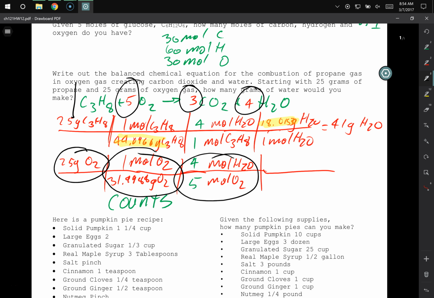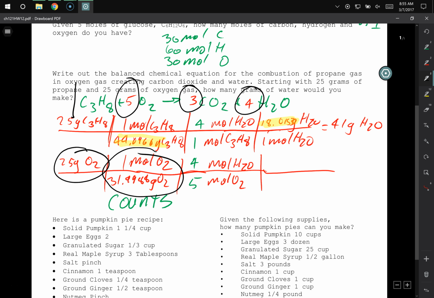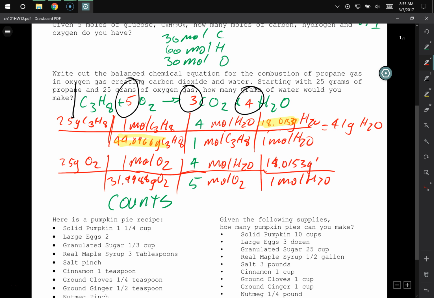It's counting how many water molecules I'm going to make. So I have a mass I'm starting with. I count how many of the molecules I start with. Now I'm saying how many of the molecules I'm going to make, and then I say what the mass of those molecules is going to be. And so then I'm going to go 1 mole H2O, 18.0153 grams H2O.